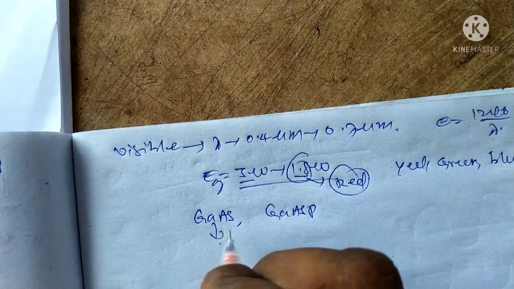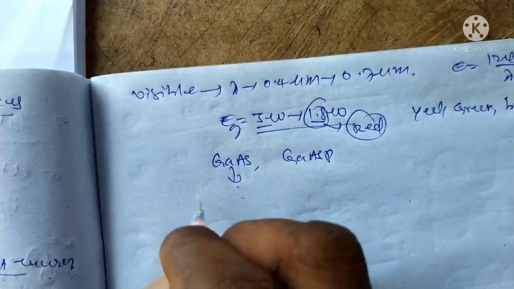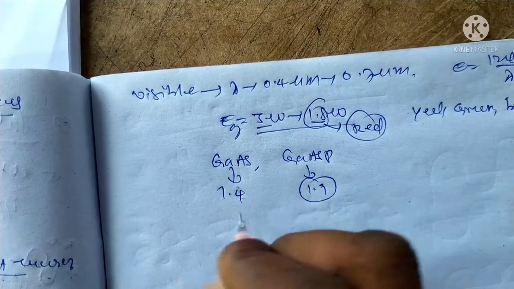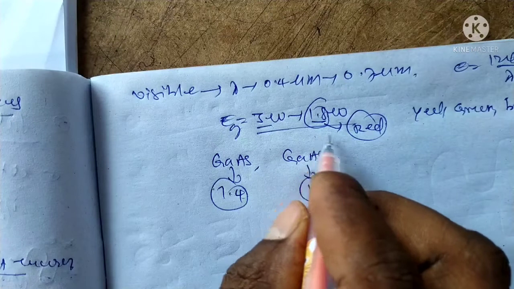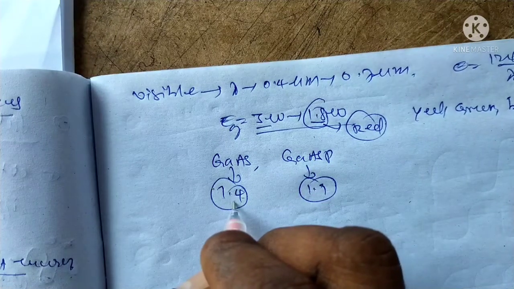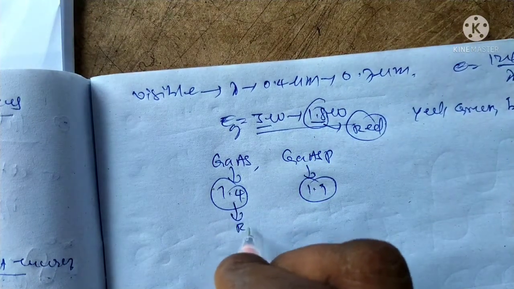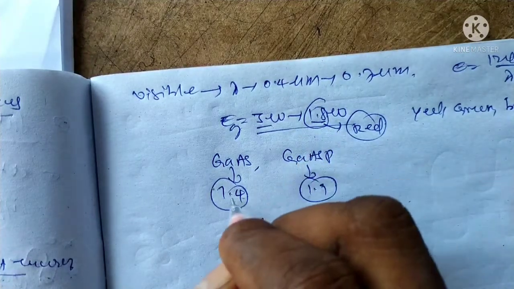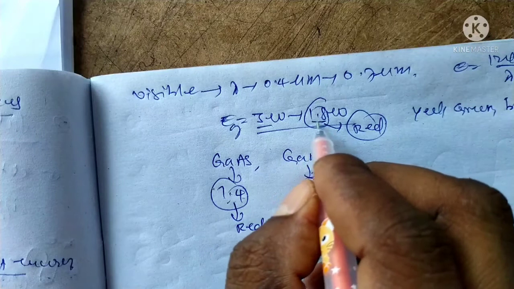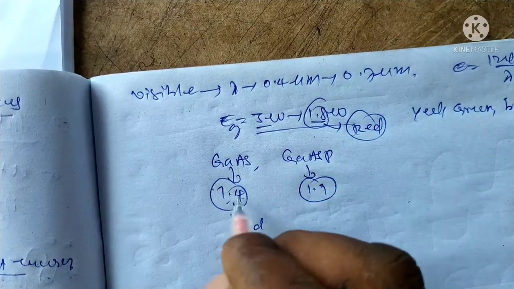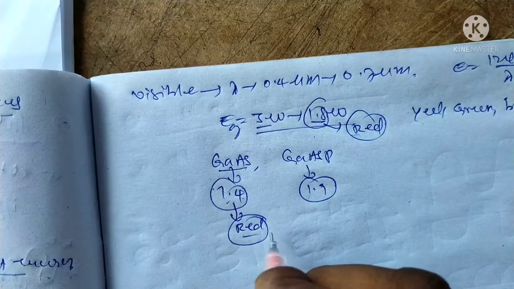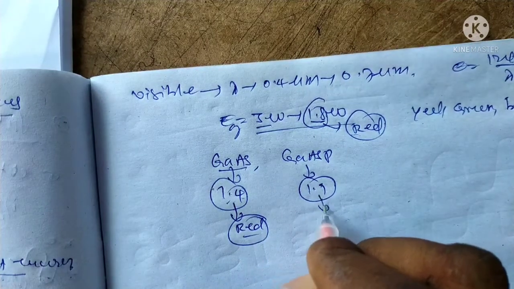Gallium arsenide has an energy gap of 1.4, gallium arsenide phosphide is 1.9. Red means low energy, low band gap. Approximately 1.8 gives the red color, and gallium arsenide phosphide also emits red light.